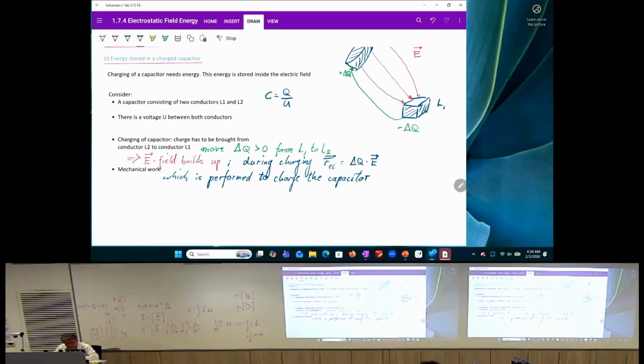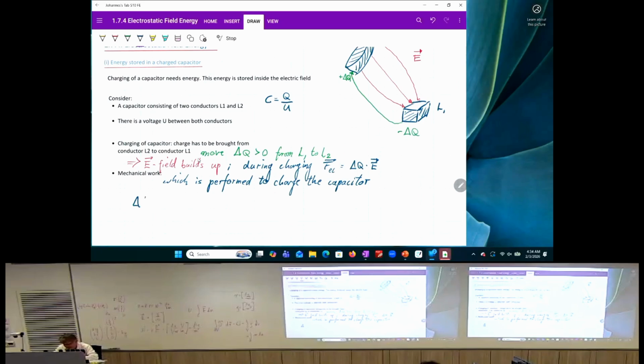So every time you move some charge, there's a change in the electric energy. The electric energy is W electric, so this is a delta W electric. And that is opposed to the change in energy that you perform mechanically.